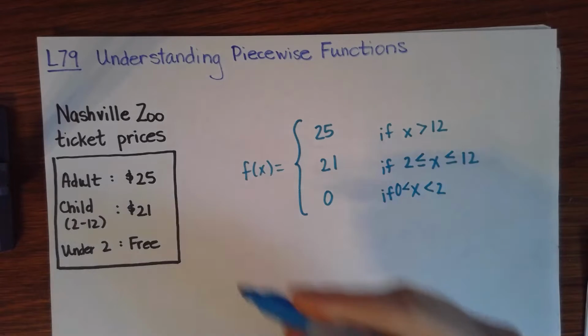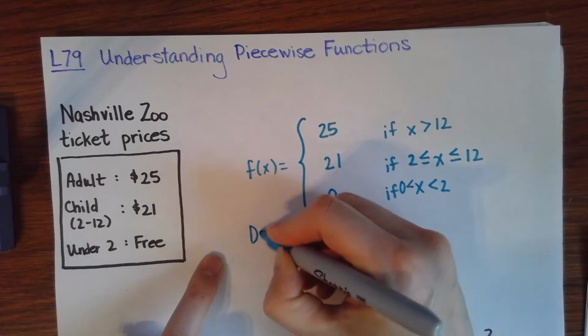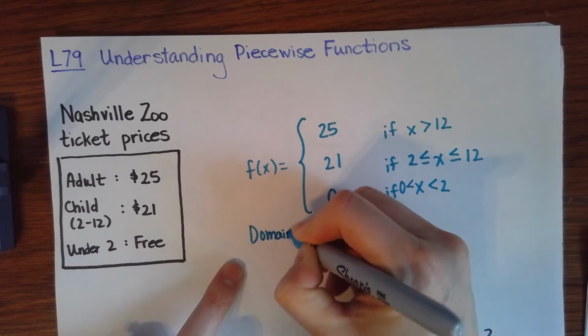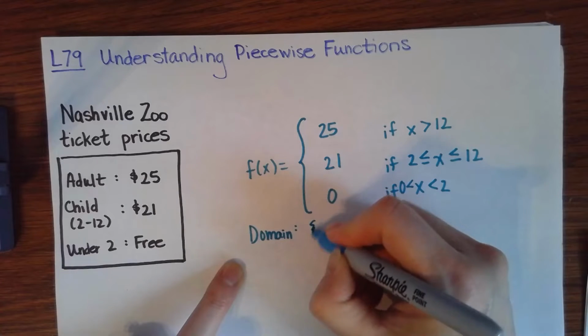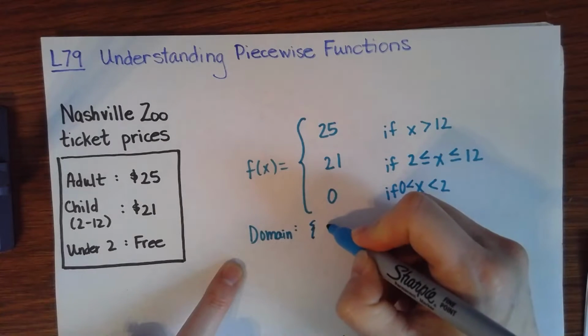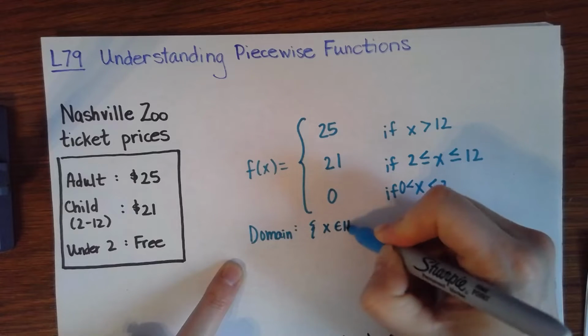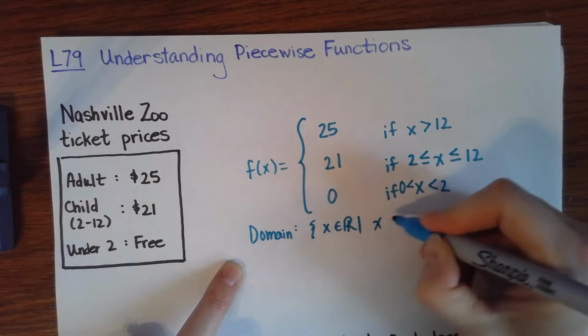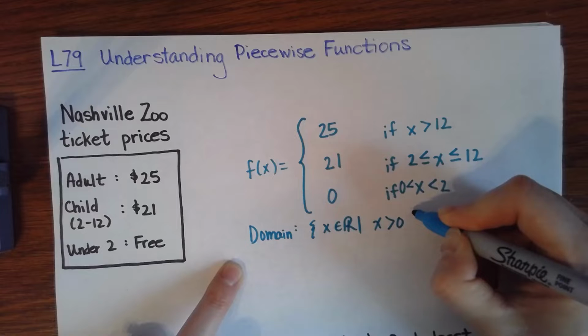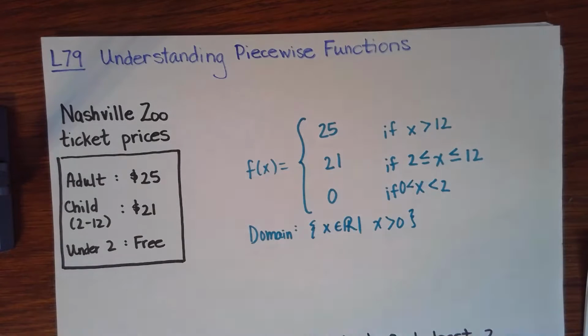So in particular, if we looked at this, the domain of this function could be values that are greater than 0. Nobody, okay, you know, once you're born, I guess the very actual moment you're born, you're 0, but like 1 second goes past and you're already more than 0.